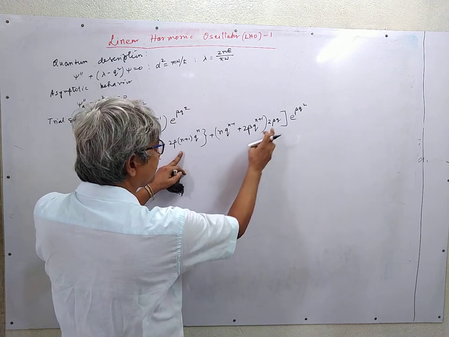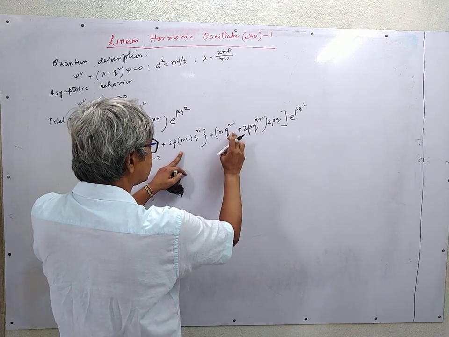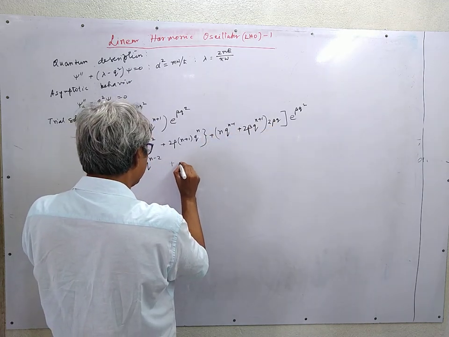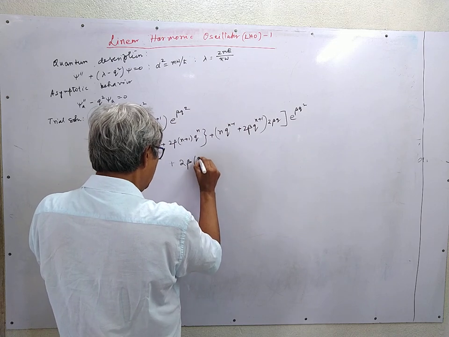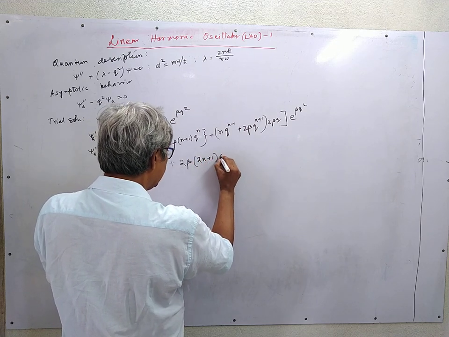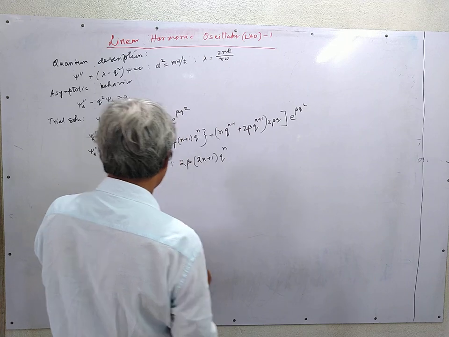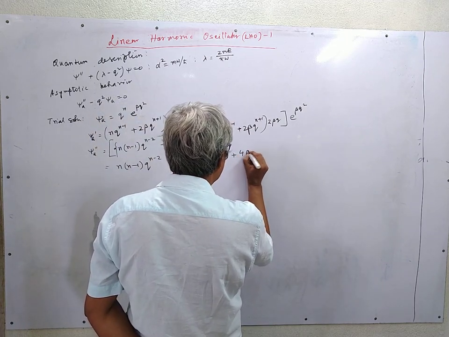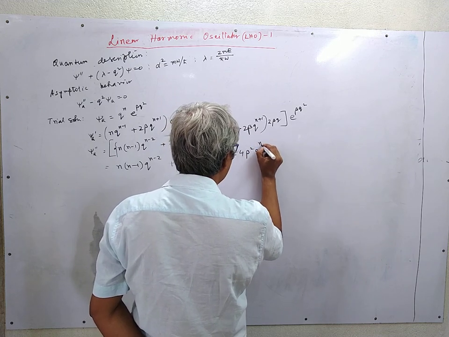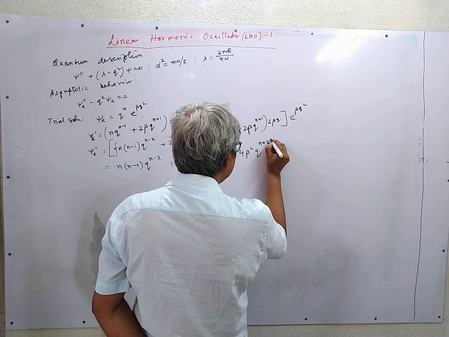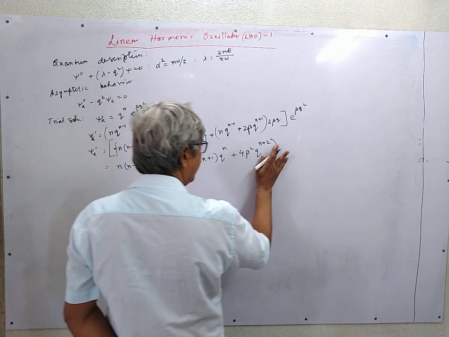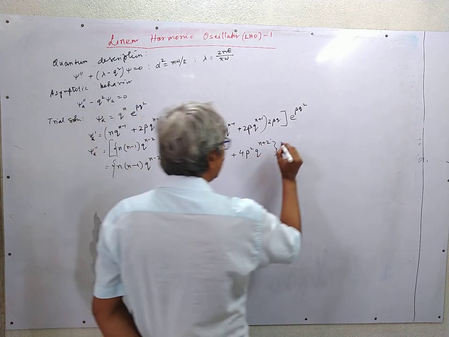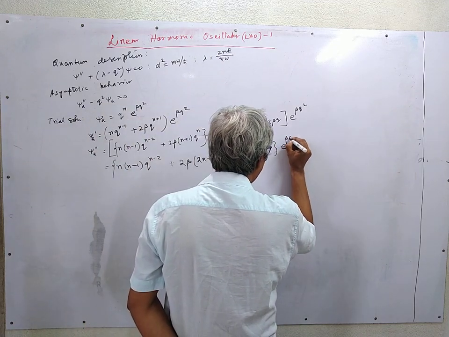This term, if we take 2 beta q common, so this is q to the power n, and if we collect the terms, this becomes twice beta 2n plus 1 q to the power n, and finally 4 beta square q to the power n plus 2 multiplied by e to the power beta q square.